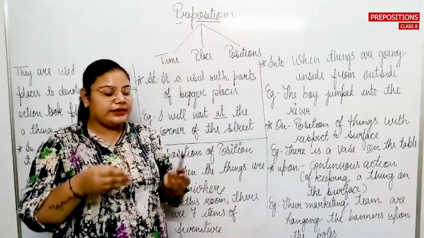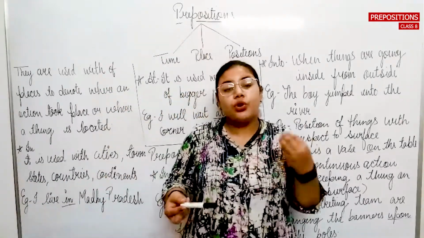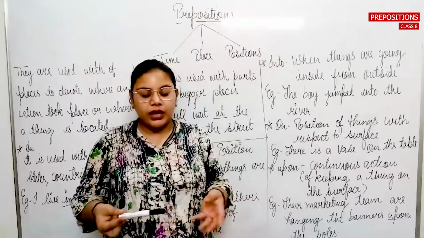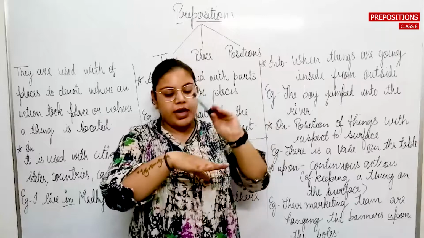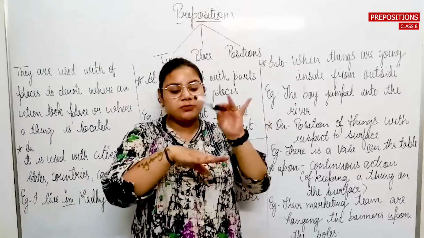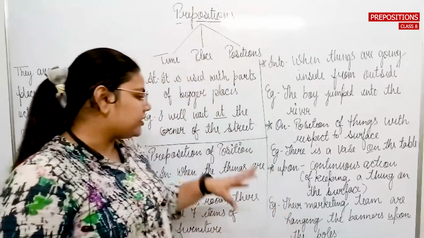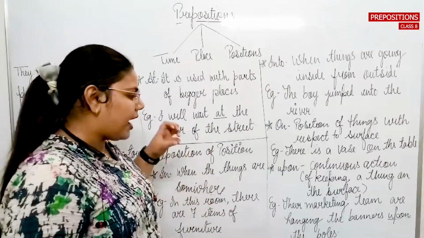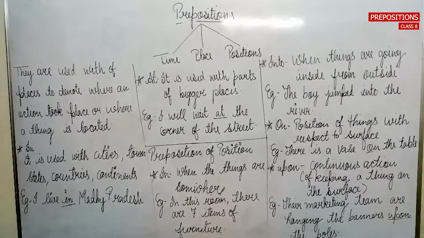Why? Because when that action is taking place, you cannot use on. You will say, I am putting this marker upon my hand. Here I have written: their marketing team are hanging the banners upon the poles. I hope you all have understood this thing.